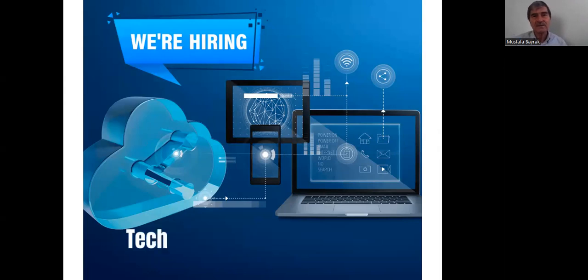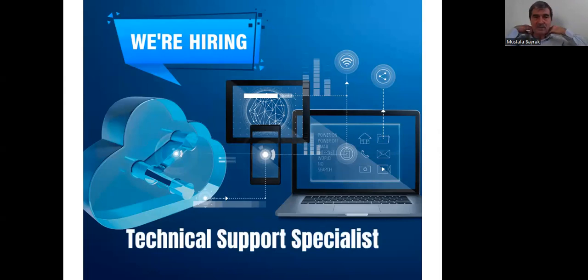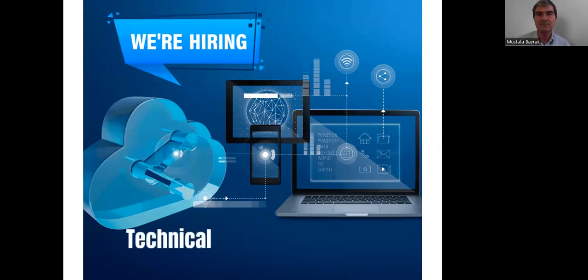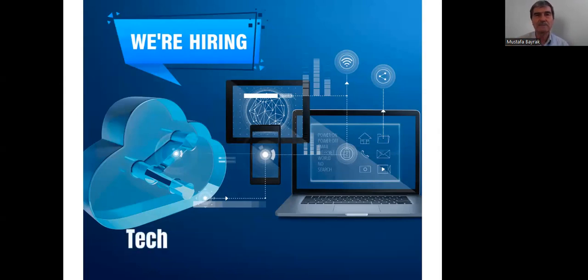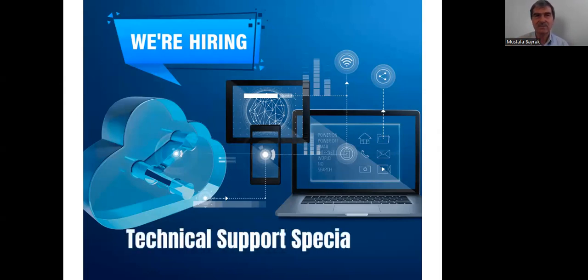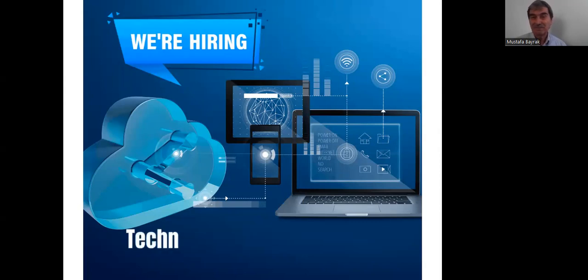Okay, yes, this is the situation if the computers take over. So the computers do all the things. Yes, they will be the managers, administrators. Okay, the computer says we are hiring, we are going to employ a technical support specialist.